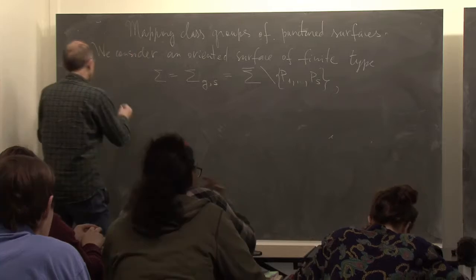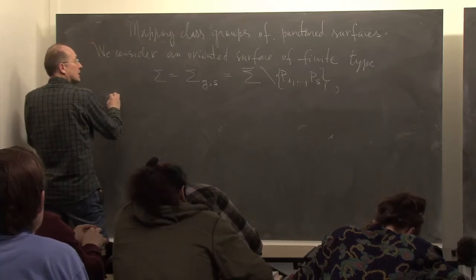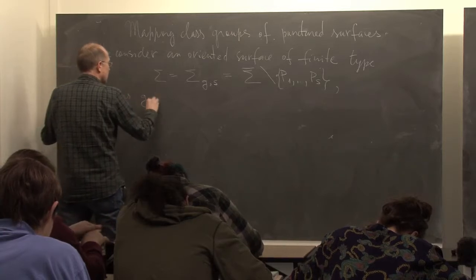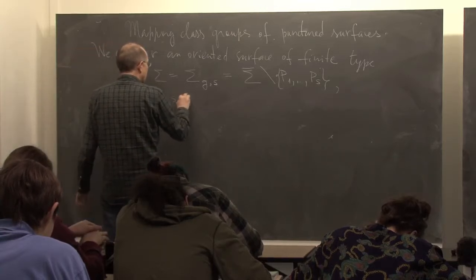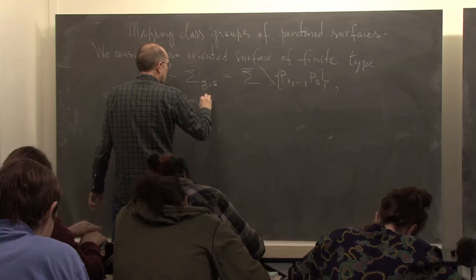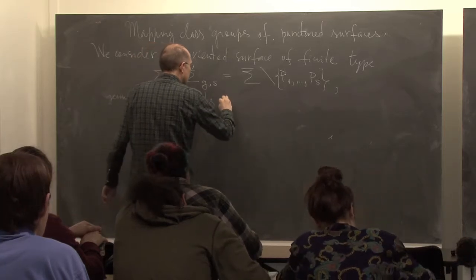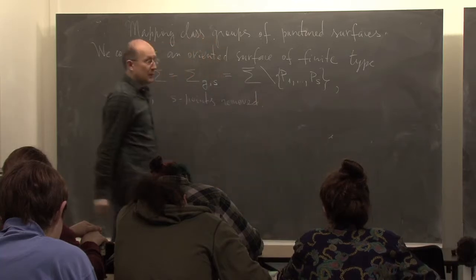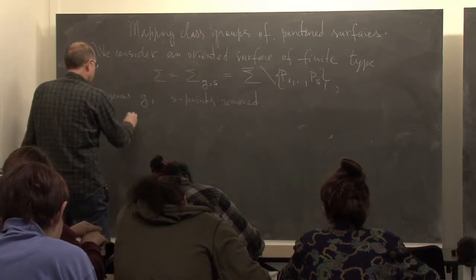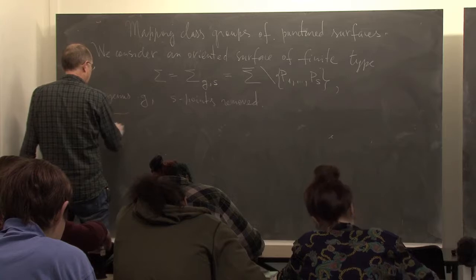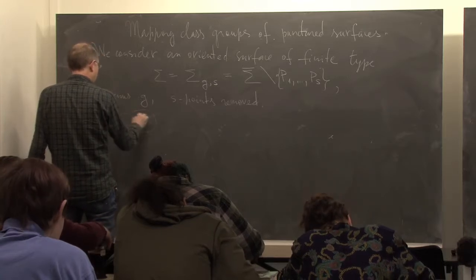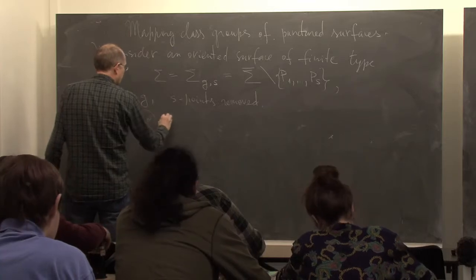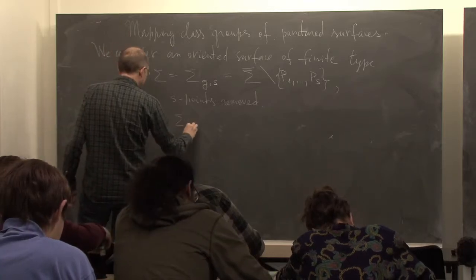That means genus g, s points removed. For example, this is sigma 2,3.